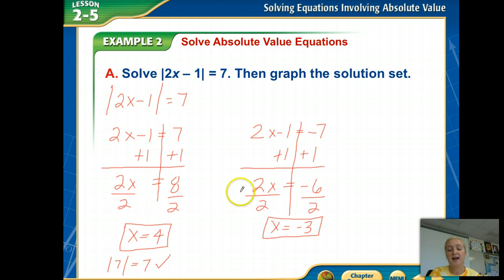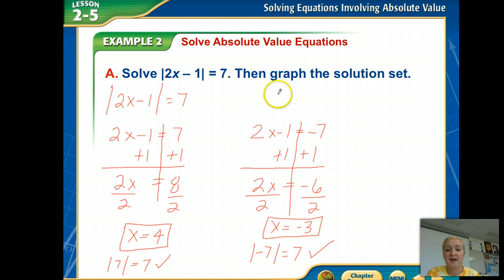And here's why you're going to have two answers. When I plug negative 3 back into my original equation, 2 times negative 3 is negative 6, and negative 6 minus 1 is negative 7. Well, the absolute value of negative 7 also equals 7. So that is the reason why when you solve these absolute value equations, you're always going to have two answers.